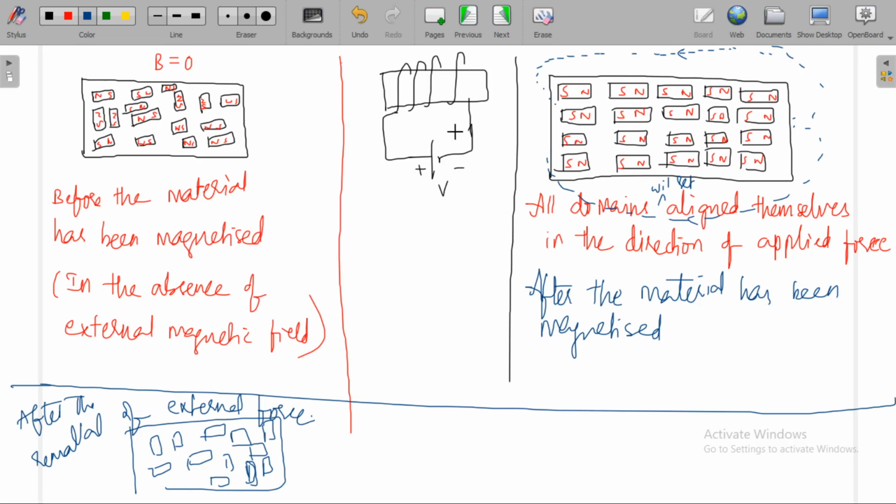Now let me apply some magnetic force to this magnetic material. Then these domains will start aligning themselves in one particular direction. After the metal has been magnetized, all domains will get aligned themselves in one particular direction, in the direction of applied force.